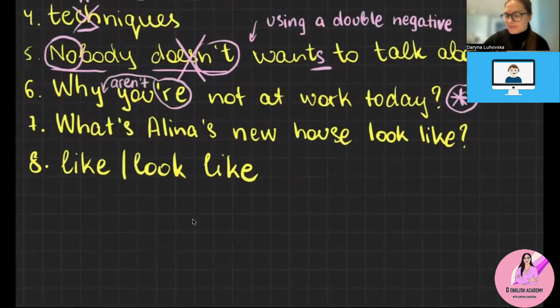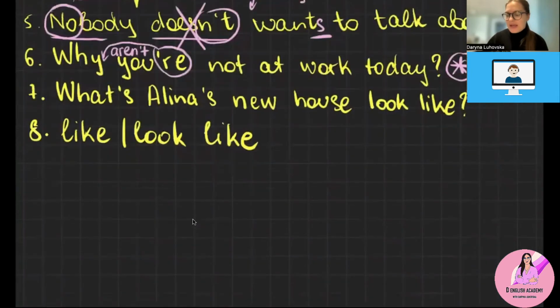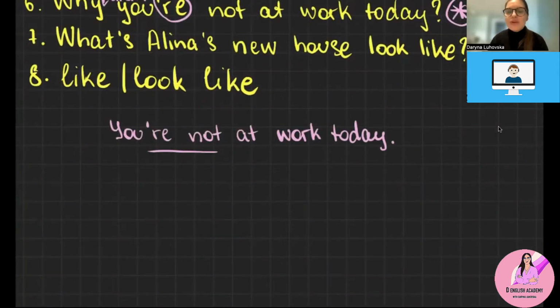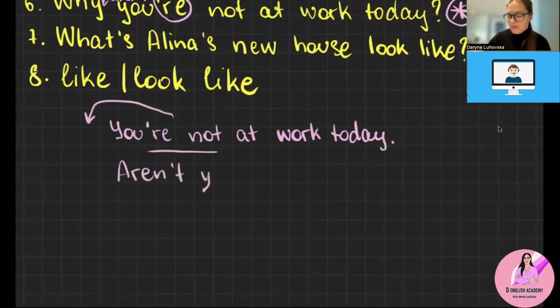So in English, if we say something like "you are not at work today", and if we want to make it a question, what do we do with "are" and "not"? Where do we put it? In front of the "you". Yeah, and we get: Why aren't you at work today?